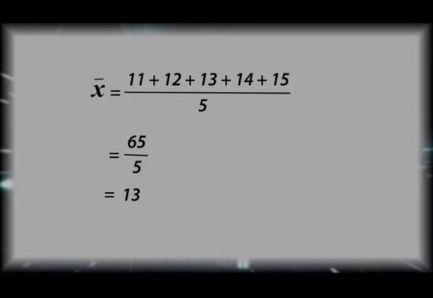Now, we are going to use that mean to continue our working. We subtract the mean from each of the values and square the results. Then we find the sum of the squares of the differences, and then we divide by the total number of observations.